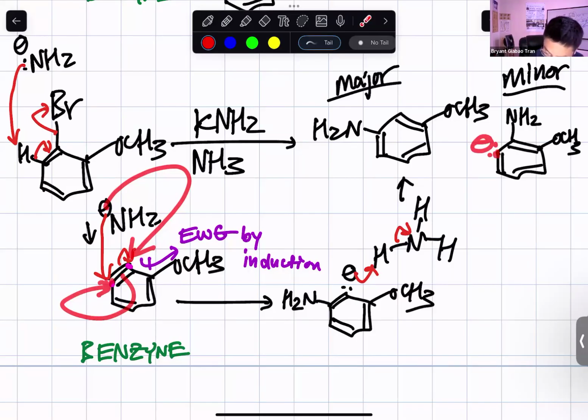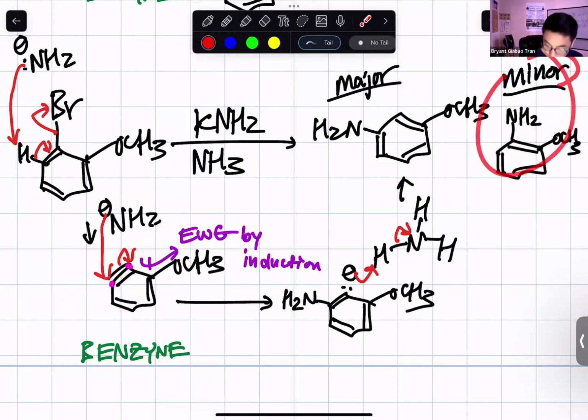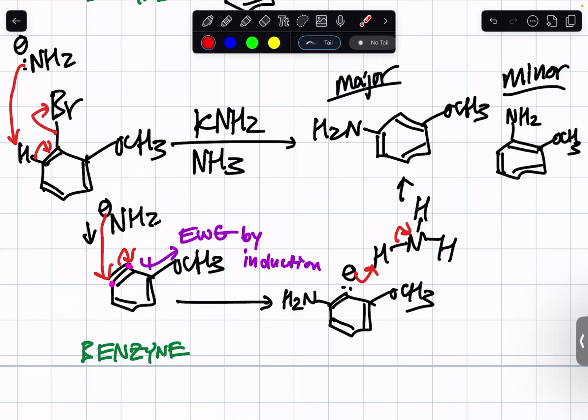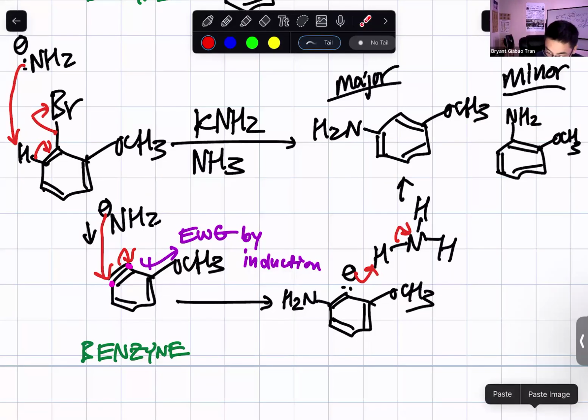And this negative charge is less stable than the negative charge here in the intermediate because it's farther away from that EWG by induction, making it less stable. Which is why this is the minor product and this is the major product. So it will always be meta to the EDG.